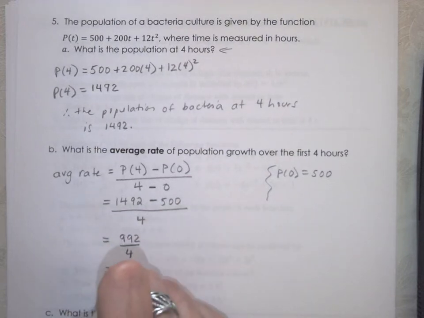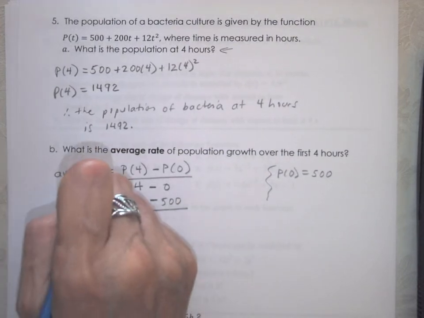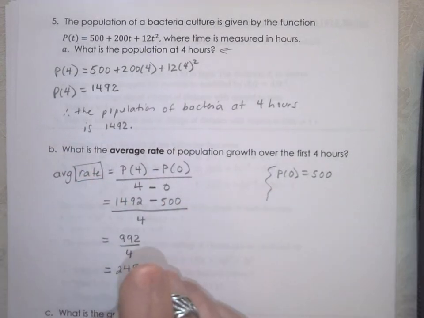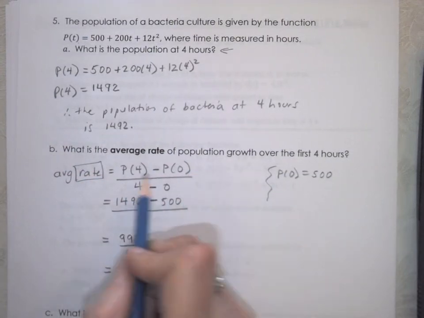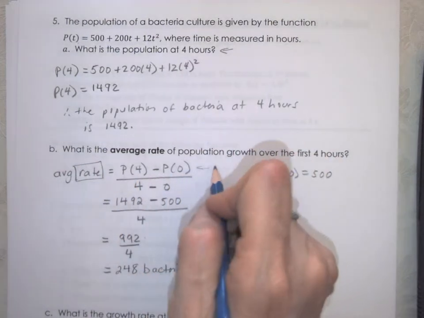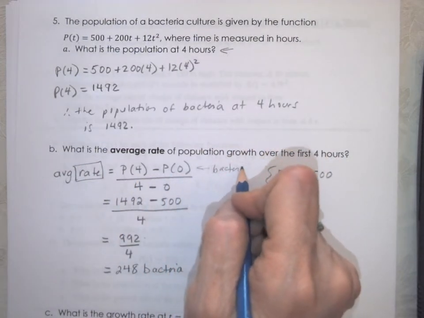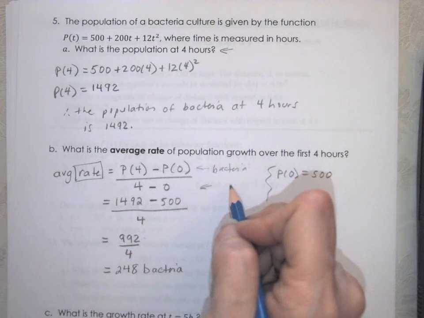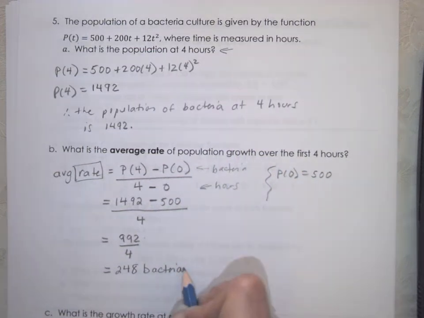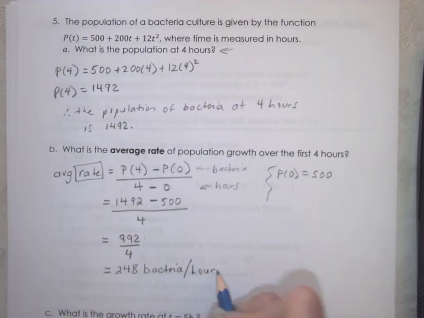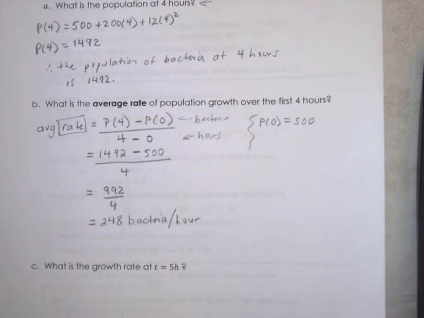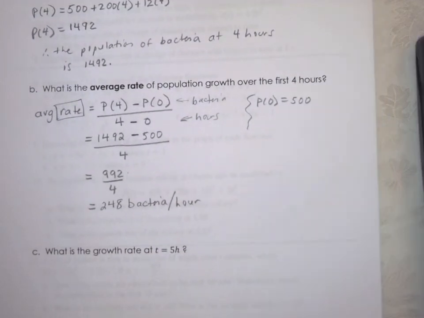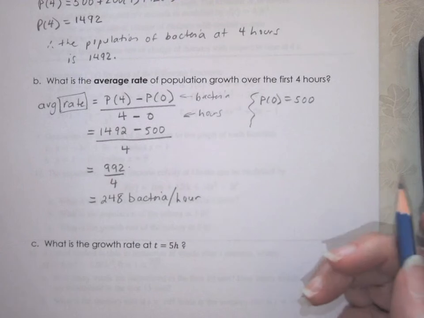is 248, and every rate has to have units. So that's going to be bacteria on the top. So population of bacteria are the units for the numerator, and the denominator is hours. So bacteria per hour. Okay, rates always have units that are something per something. So then we need a nice therefore statement here.